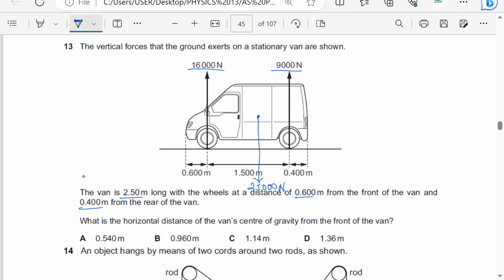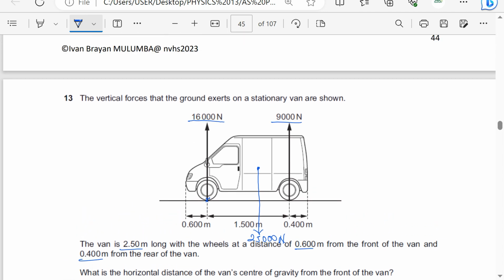So the van is 2.5 meters long with the wheels at a distance of 0.6 meters from the front of the van and 0.4 from the rear. So I'm going to take moments about the front wheel. Let me start with the clockwise moment.